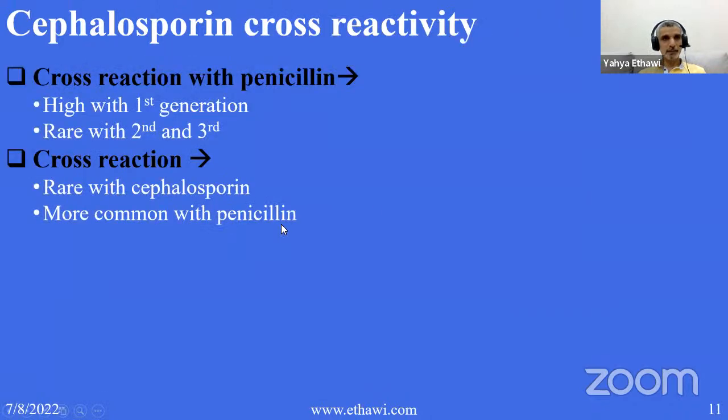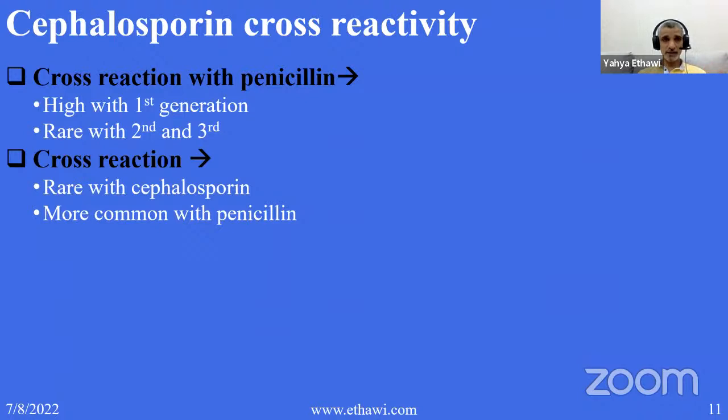Okay, let's go. Some people think that cephalosporin actually cross-reacts with penicillin. So if you have an allergy to penicillin, you might have an allergy to the cephalosporin. This cross-reactivity is higher with the first generation, higher in incidence, not in severity, but when it comes, it's the same.